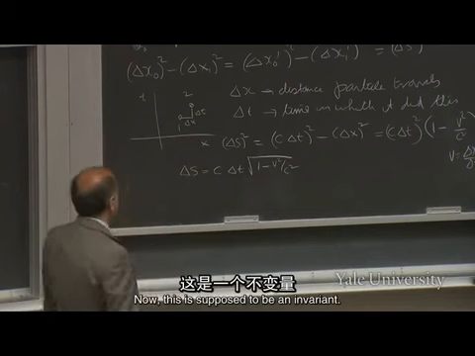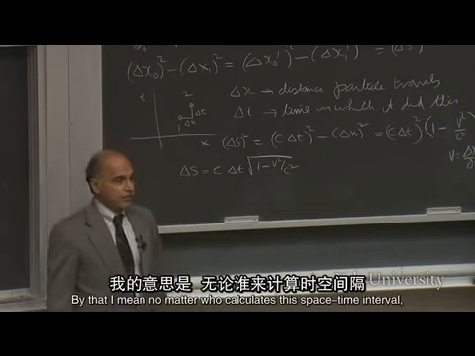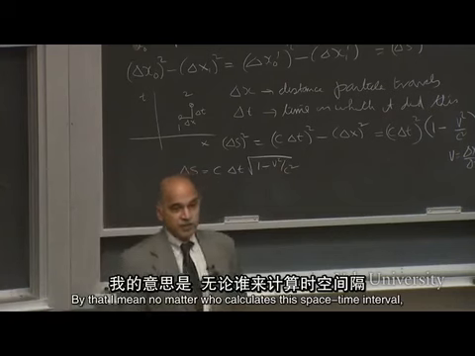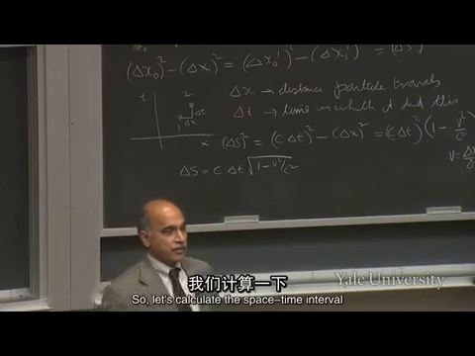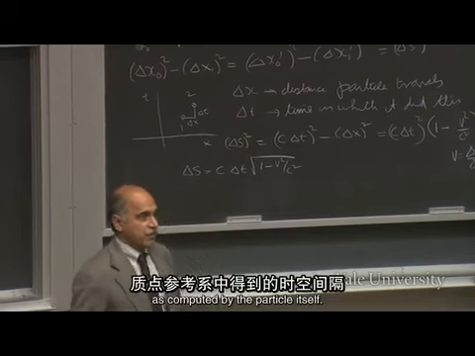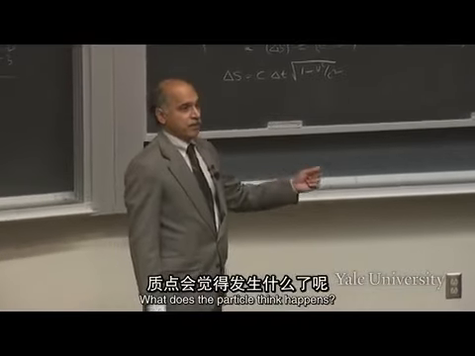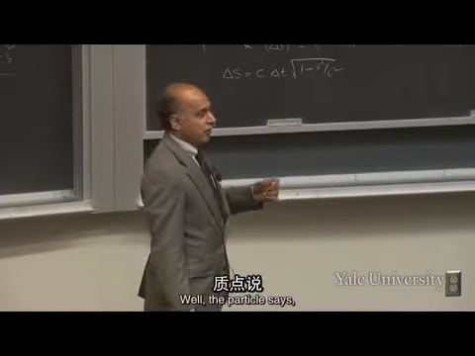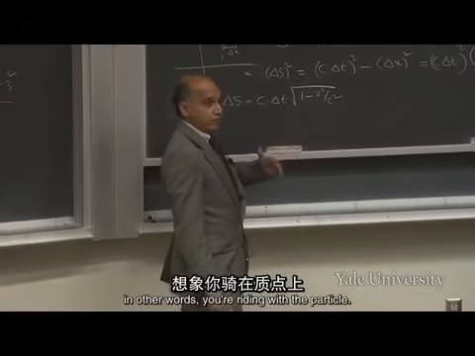Now this is supposed to be an invariant. By that I mean, no matter who calculates the space-time interval, that person is going to get the same answer. So let's calculate the space-time interval as computed by the particle itself. What does the particle think happened? Well, in other words, you're riding with the particle.